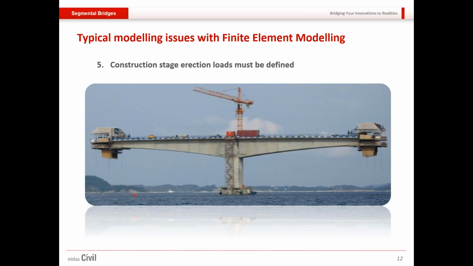Typically speaking, for a balanced cantilever bridge, if it is cast in situ, then the loads acting would be your formwork and your concrete pouring, that is the wet concrete load, and the eccentricity due to that much wet concrete acting on the segment just before that.